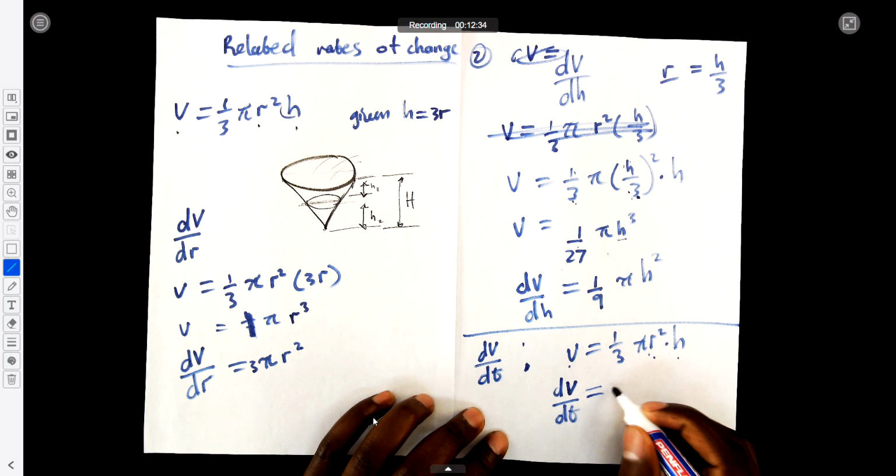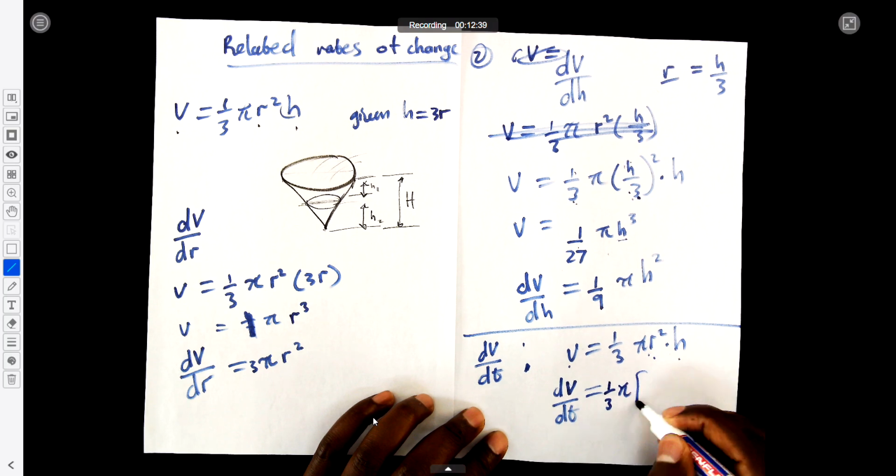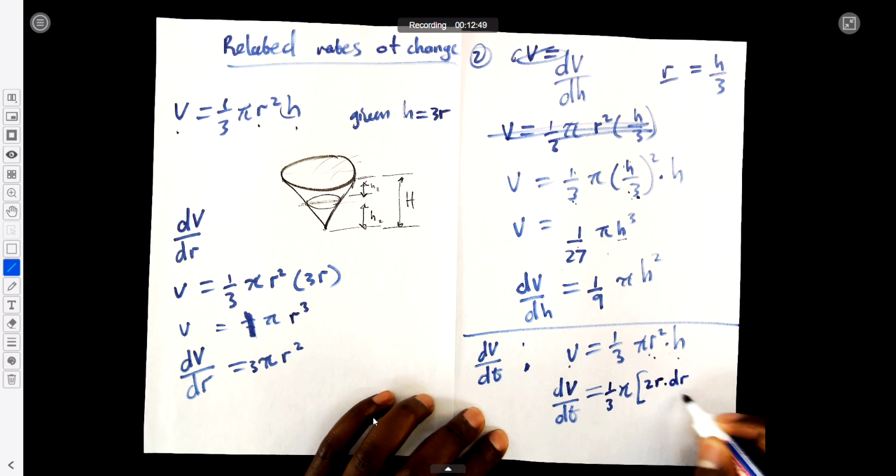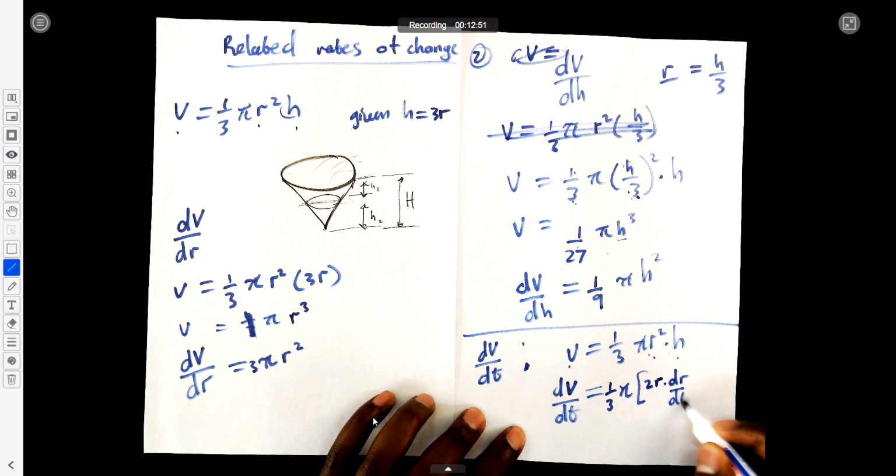So what we're going to do, let me factor out pi over 3. We're going to derive R in terms of time. So it will be 2R, therefore changing it in terms of time, it's dR over dt.